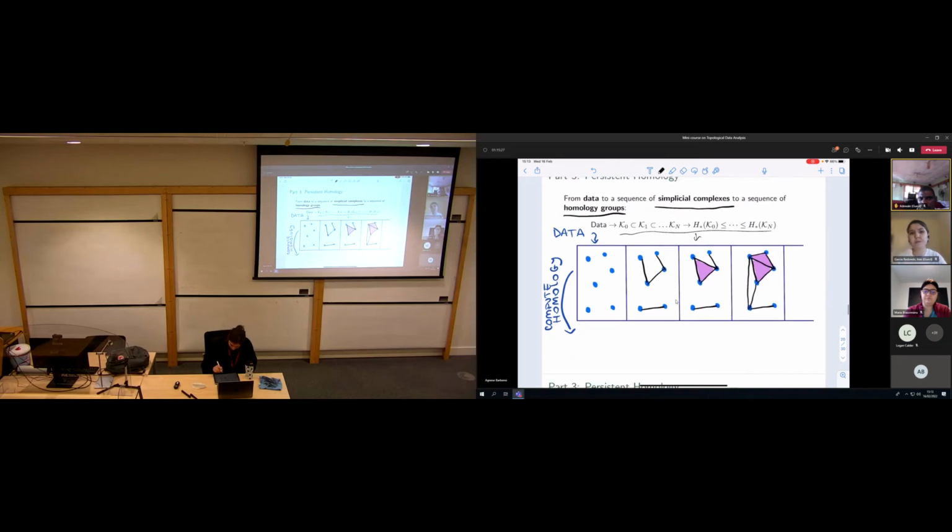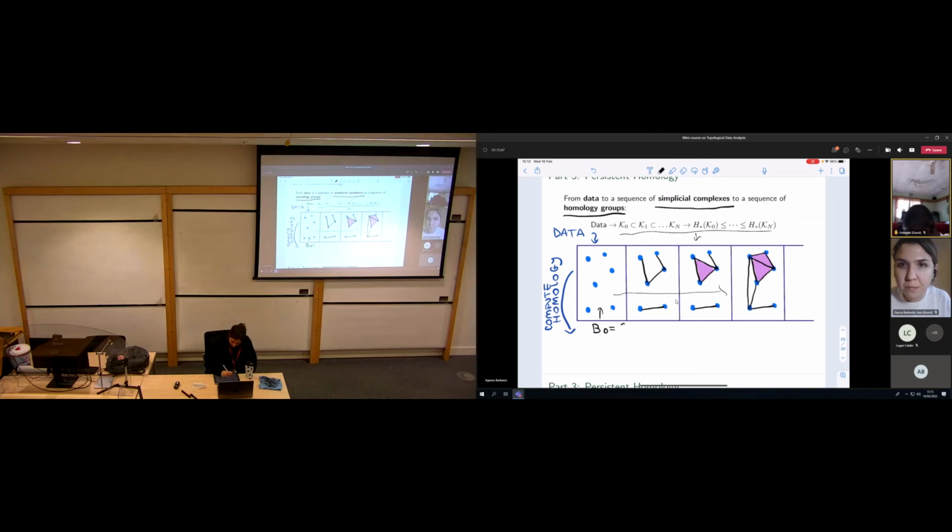So, in this very small example, what's shown here is the sequence of simplicial complexes, and the fingerprint of this point cloud, this set of points, would be the following one. I start by having B0 equal to 6. I have 6 separate points. I have no holes of dimension 1 and no holes of dimension 2.